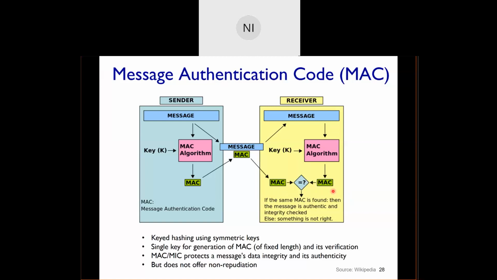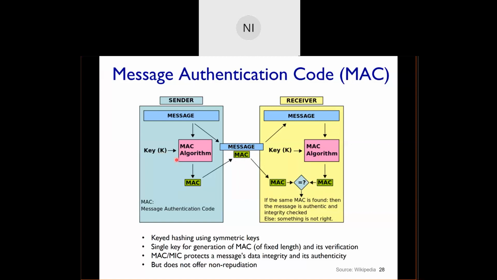And if there is a man in the middle, yes, he can get the message that the sender is transmitting. Yes, the man in the middle can modify the message the way he or she wants, but it is not possible to generate the MAC with a key that is only known to the sender and the receiver.